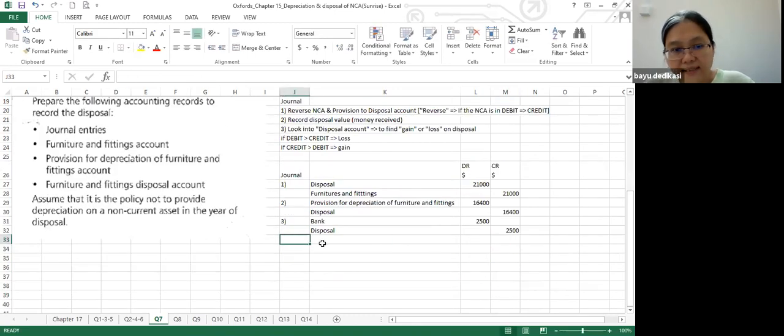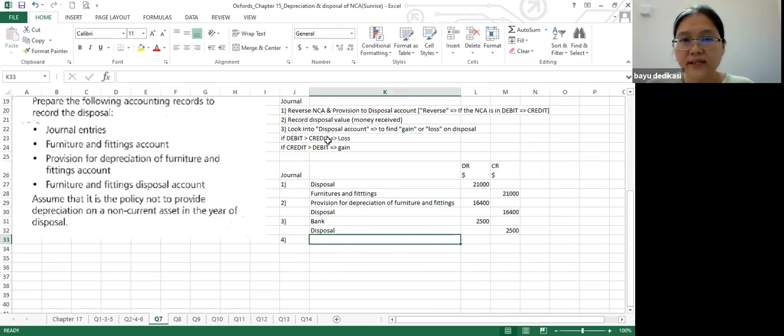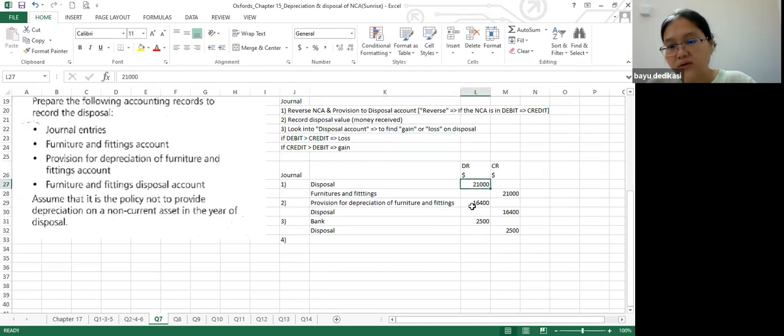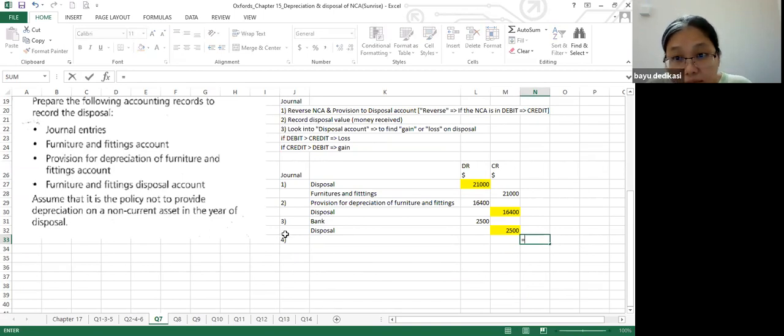Okay. The last, work out whether it's a loss or a gain. If we look into the disposal account, these 3 are the disposal account. If we calculate, take this debit minus credit. So we get positive. That means this is the debit balance.